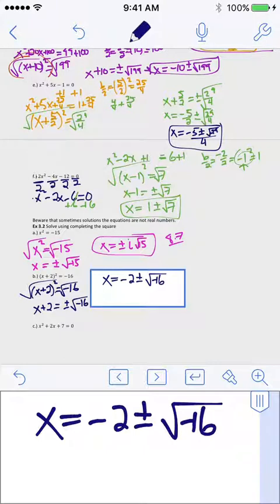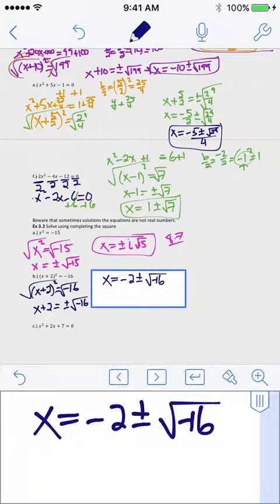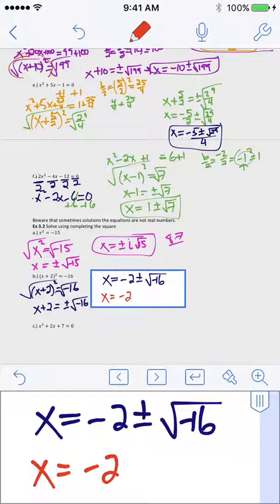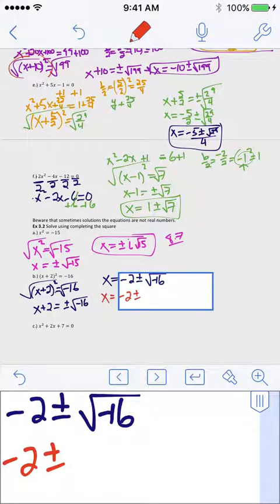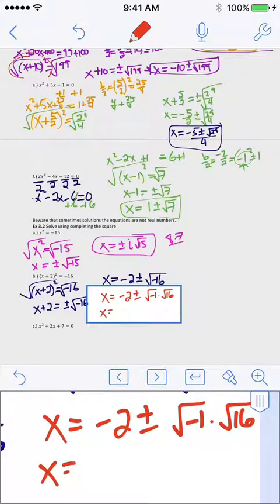Now I can go ahead and reduce the 16, pardon me. So I can rewrite this as x equals negative 2 plus or minus the square root of negative 1 times the square root of 16. Or in other words, x equals negative 2 plus or minus i times 4.